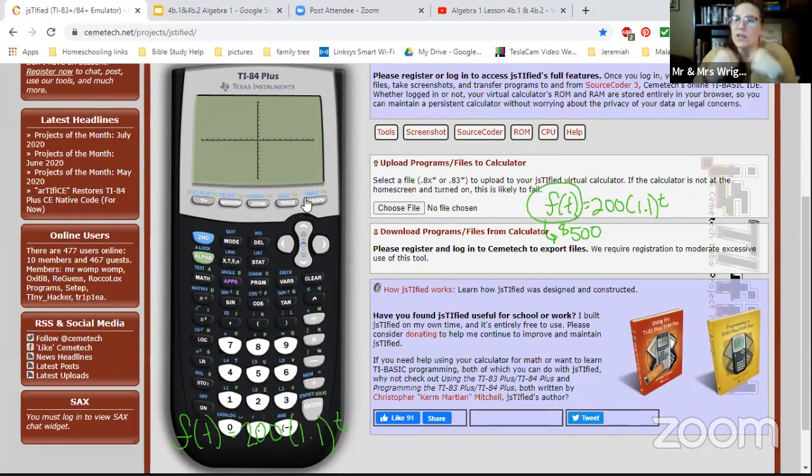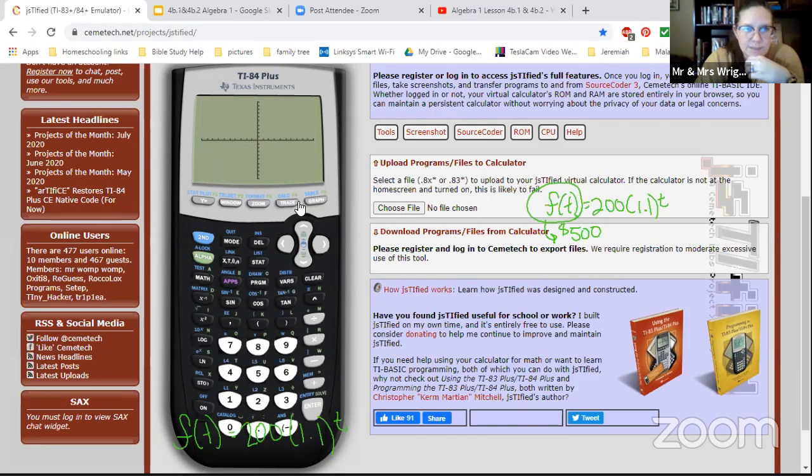Just like I said, we could create our own table, but we don't know how far. We'd have to do all that math and find the answers. So instead, we're going to let the calculator create the table for us, and we're just going to look at it to find the answers. So if you can see these blue letters up here on the top of the calculator, I'm actually going to see if brightening this up helps at all.